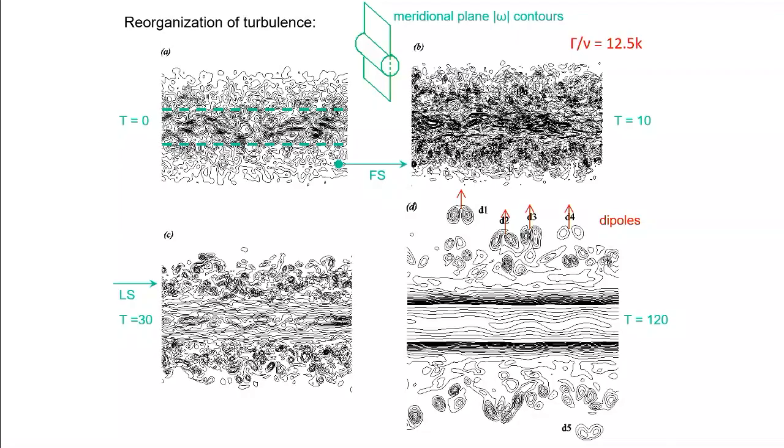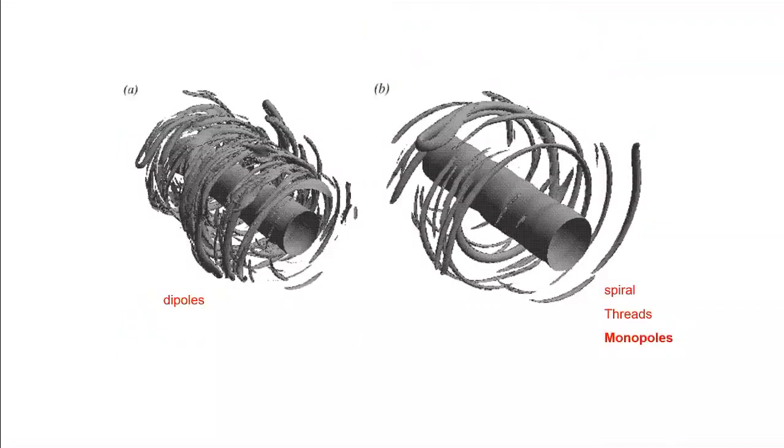Also, you see that the core is not exactly uniform. There is some variation of the core diameter of the large-scale structure. Here is more detail. Initially, you have this series of dipoles that eventually die out because of cross diffusion. But then some monopoles actually survive, which are those that affect back the large-scale vortical structure, inducing some core dynamics.